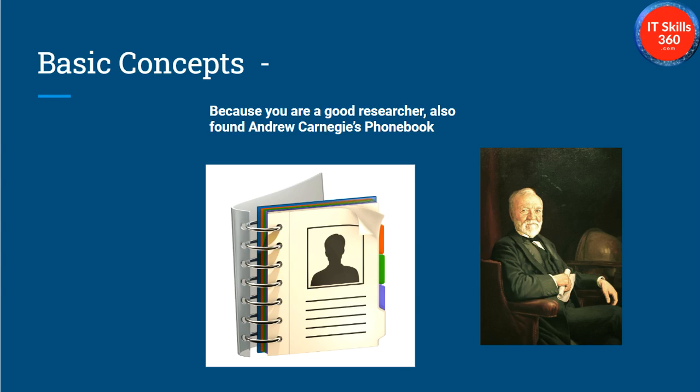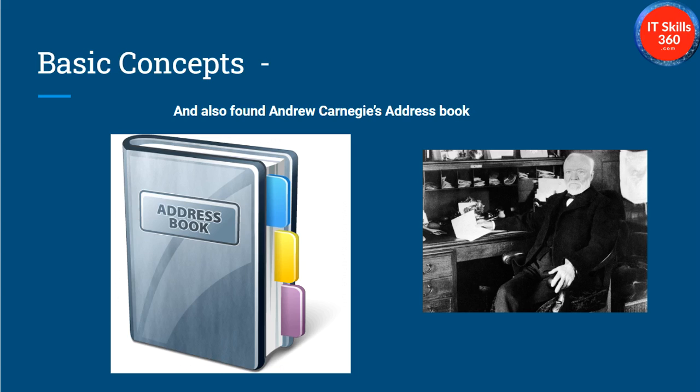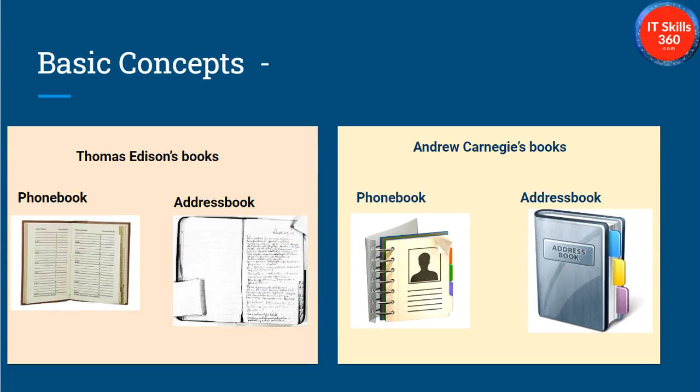Now, considering that you are such a good researcher, you still keep looking for more things, and you found Andrew Carnegie's phone book, and Andrew Carnegie's address book as well. So now we have four different books: Thomas Edison's two books, phone book and address book, as well as Andrew Carnegie's phone book and address book.